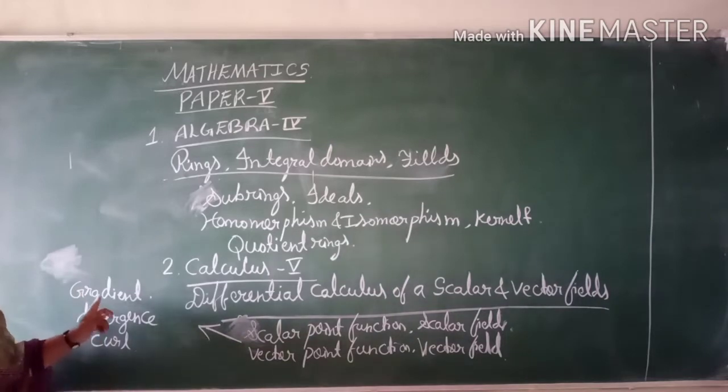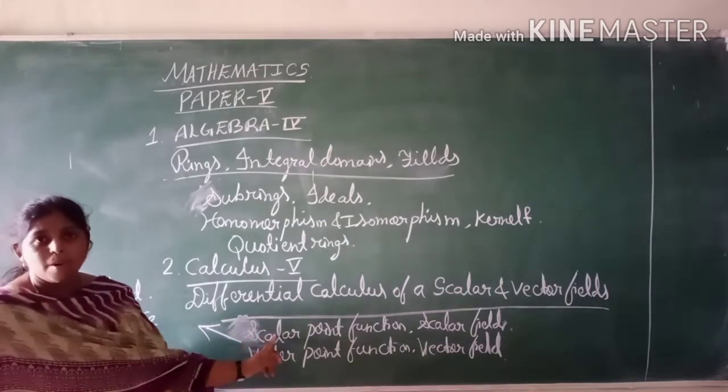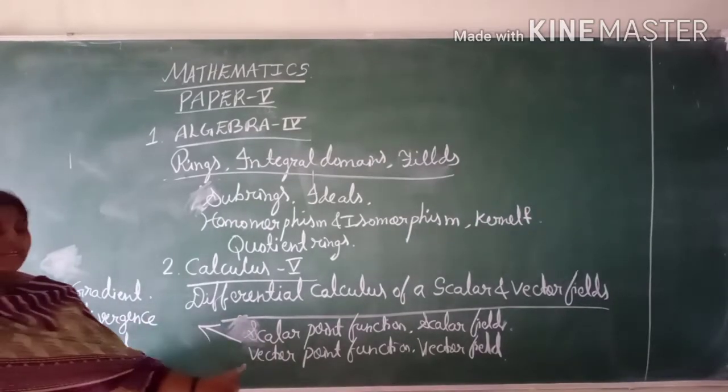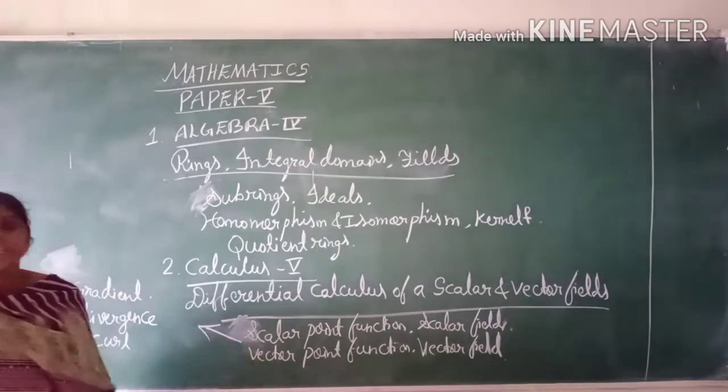The gradient we always apply on a scalar point function. Divergence and curl we apply only on a vector point function. This is unit 2.